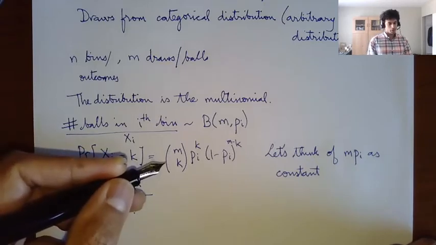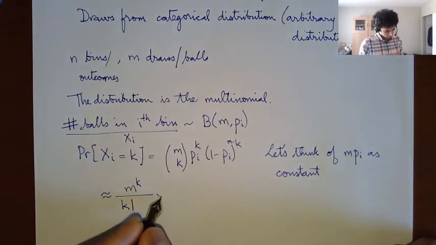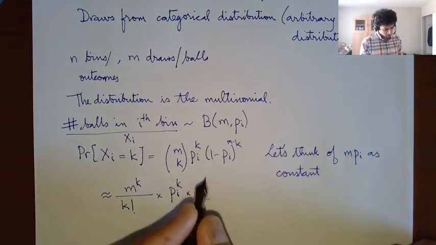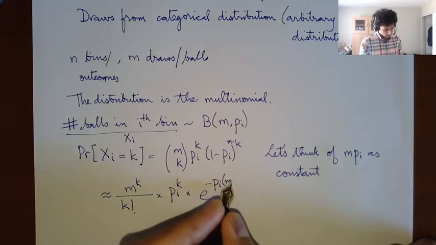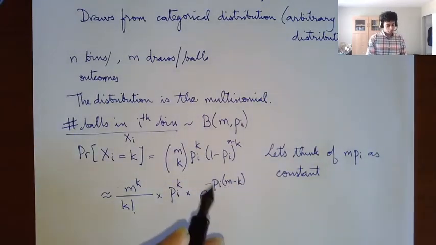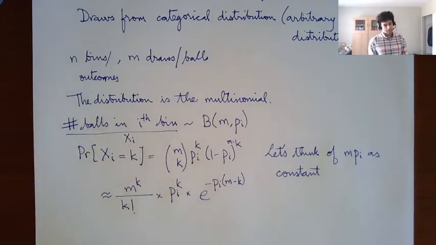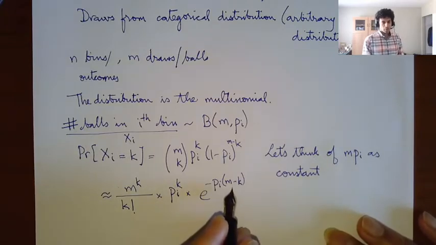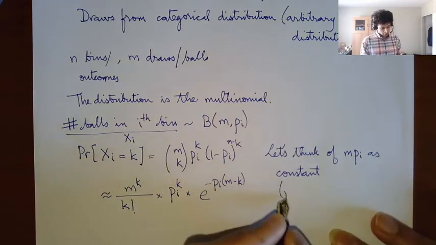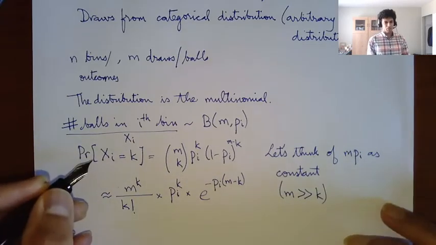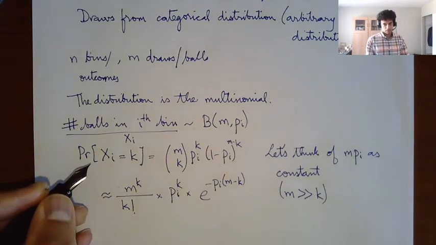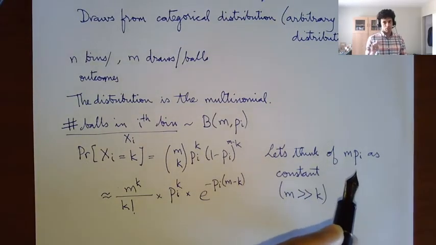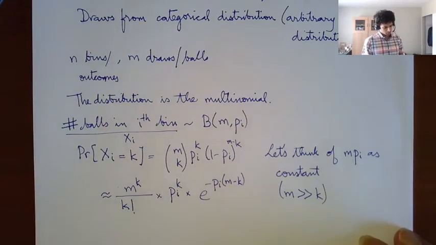This is just approximating the binomial coefficient, times pi to the k times e to the minus pi times m minus k, right? So I'm just doing 1 minus pi as e to the minus pi. And again, I want to think of m as much larger than k, right? I'm looking at the situation where I get k successes, where really the probability of each individual success is very small. It's like 1 over m. So this is the expression that I get.